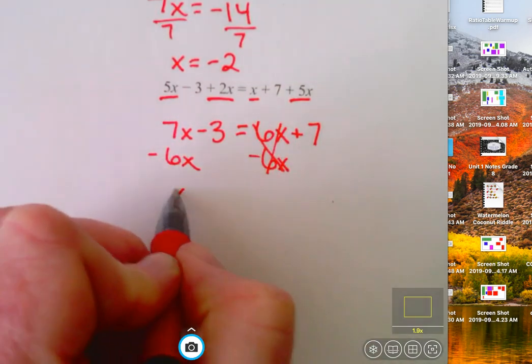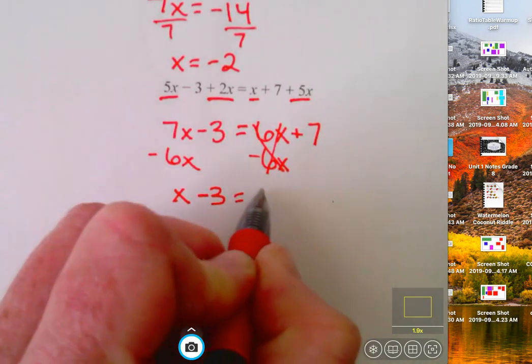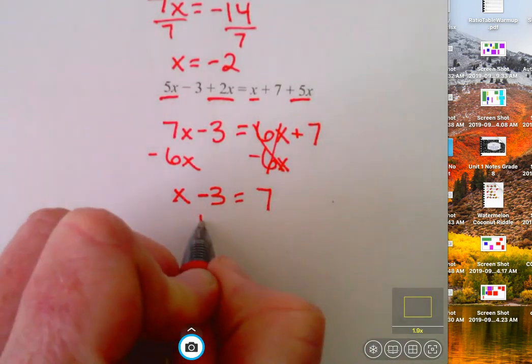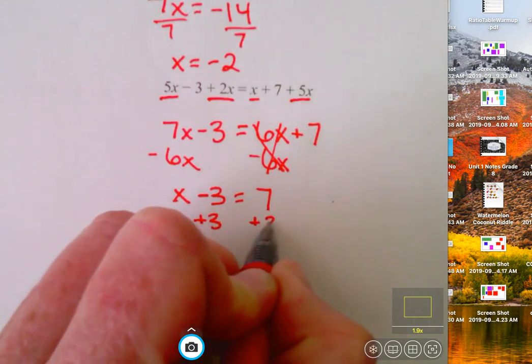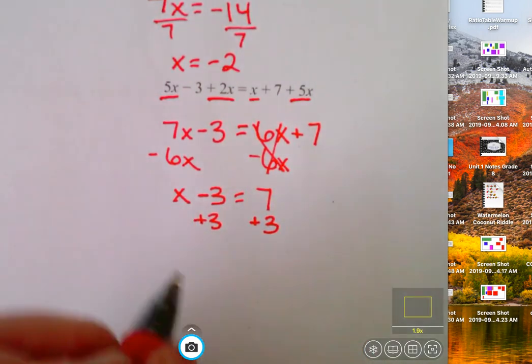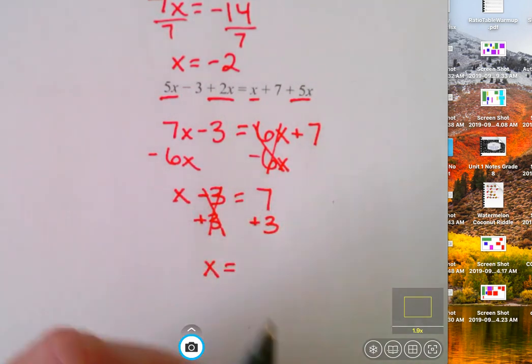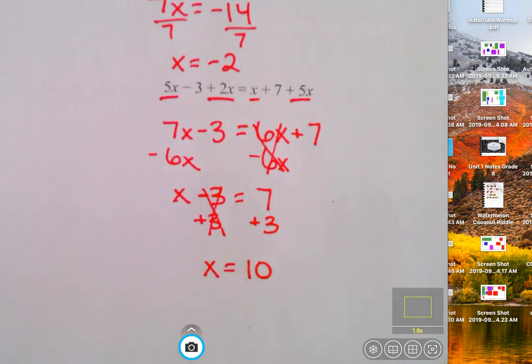That's 1x minus 3 equals 7. So what minus 3 is 7? It's 10. If you don't see that, we want to get rid of the negative 3, so we add 3. 7 plus 3 is 10. And we are done.